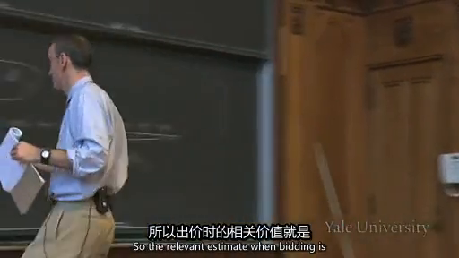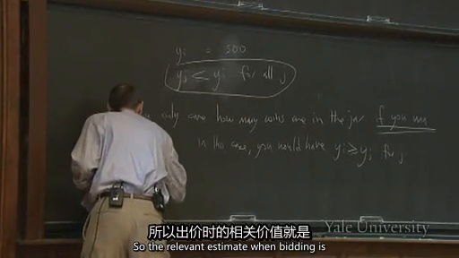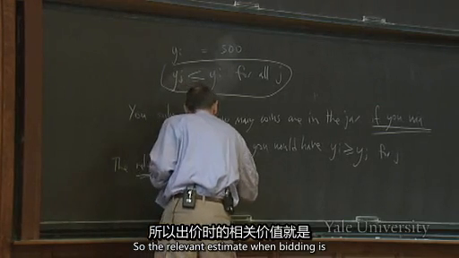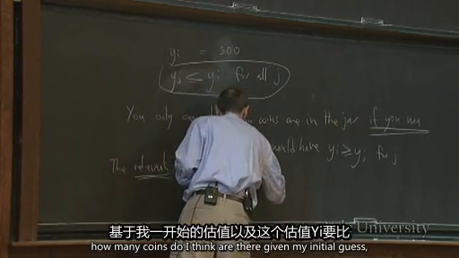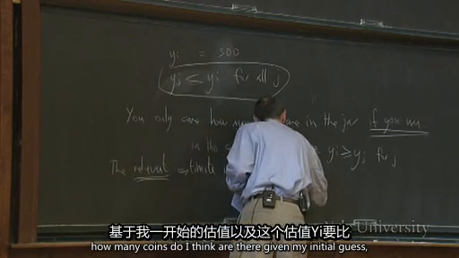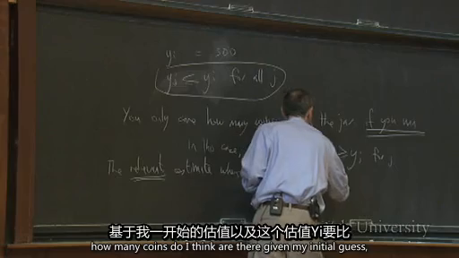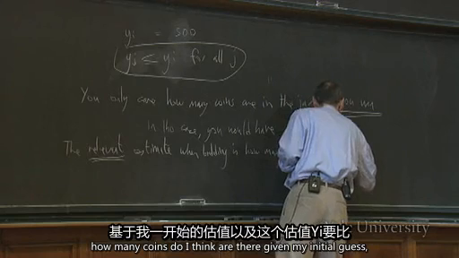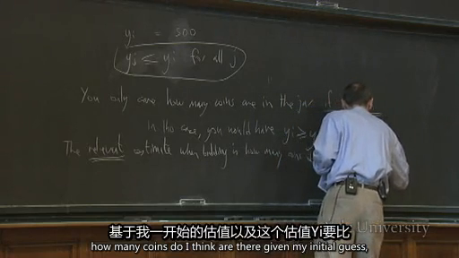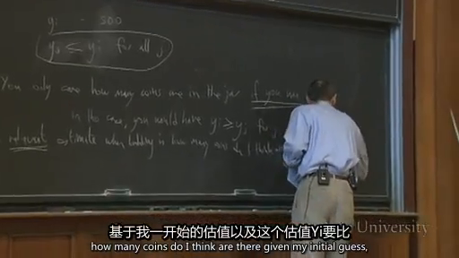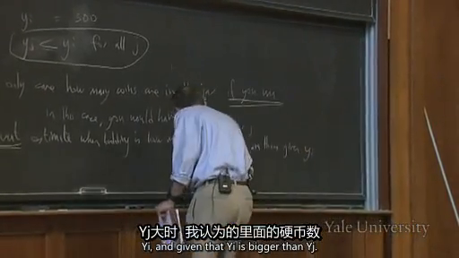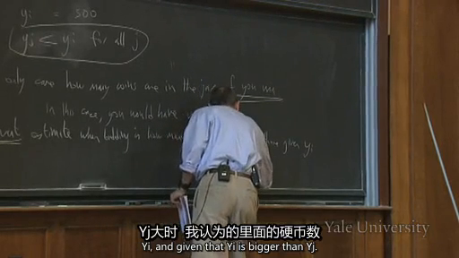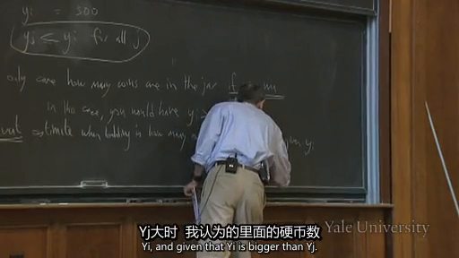So the relevant estimate when bidding is how many coins do I think are there given my initial guess, yi, and given that yi is bigger than yj.